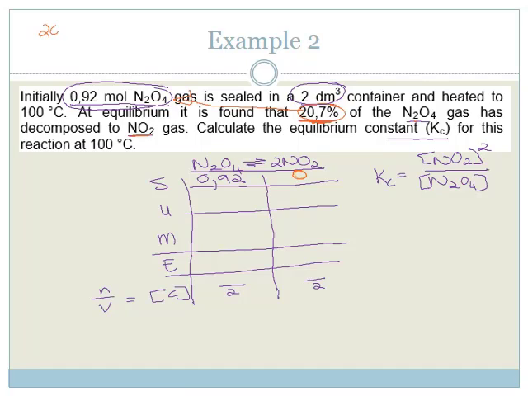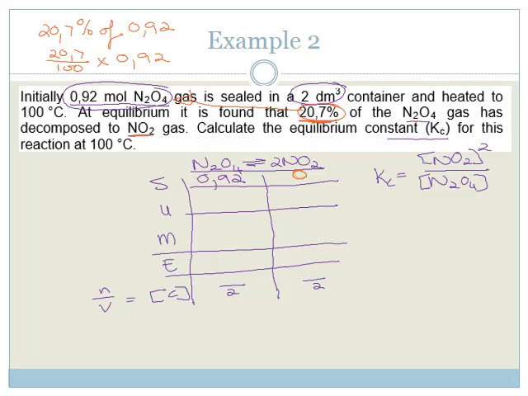So we're going to go 20.7% of 0.92. If you don't know how to do that on a calculator using percentages, it's really just going to be 20.7 over 100 times 0.92. Okay, so it's 0.207 times 0.92.